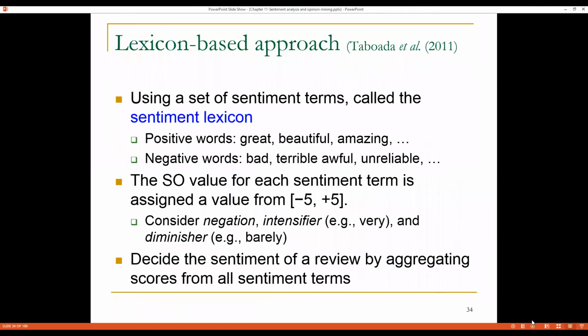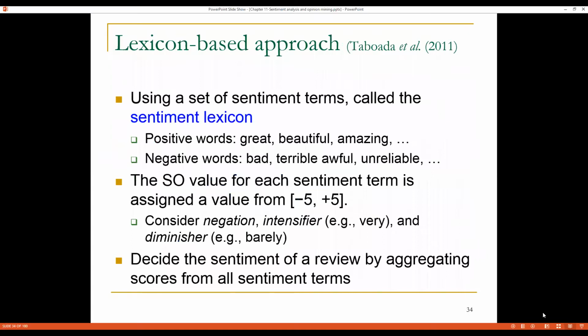There's also a lexicon-based approach where you use a set of sentiment terms called the sentiment lexicon, with positive words and negative words, and then you give them a semantic opinion orientation value for each term.